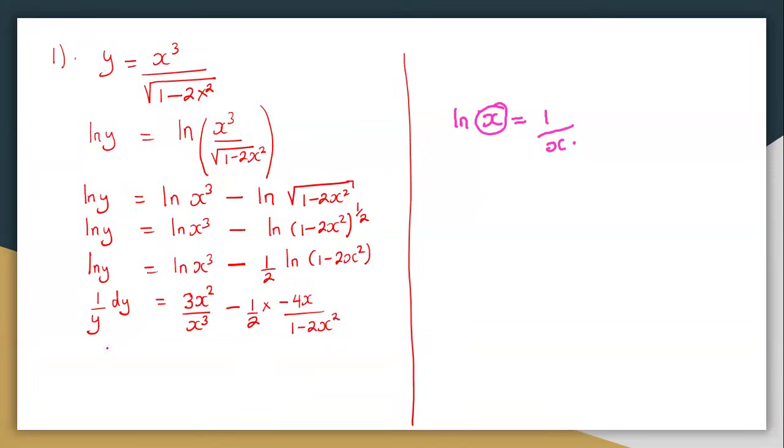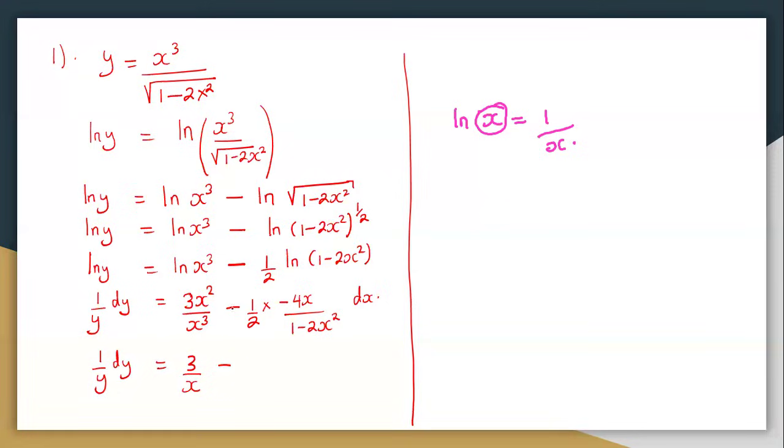Now, the moment you reach here, we can go on and simplify. But remember, everything this side, we have differentiated with respect to x. So here we have 1 over y dy is equal to, these are 2, these are 3. So I remain with 3 over x minus 1 by 2, 2.